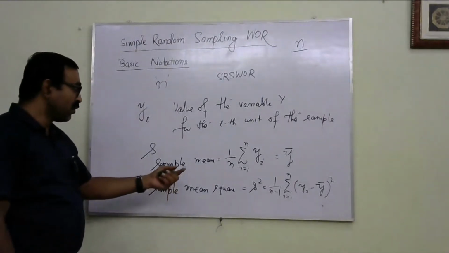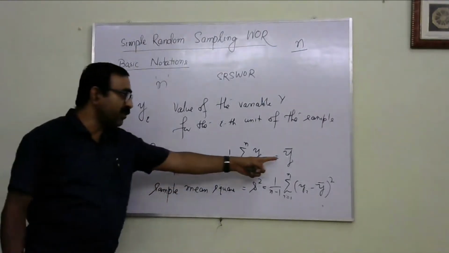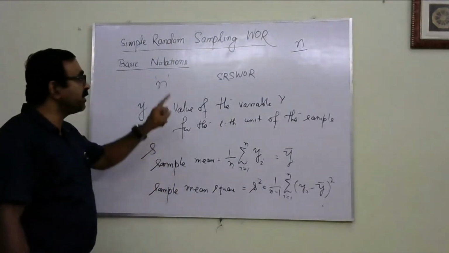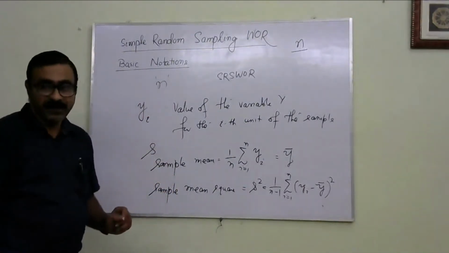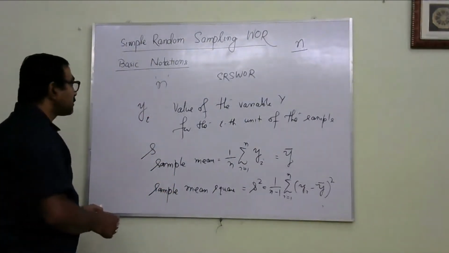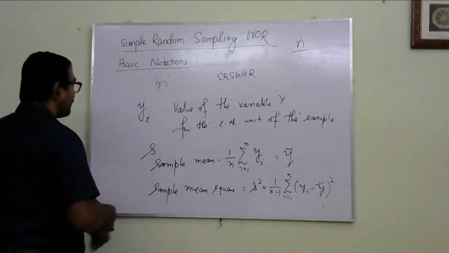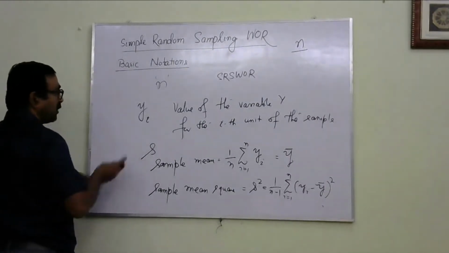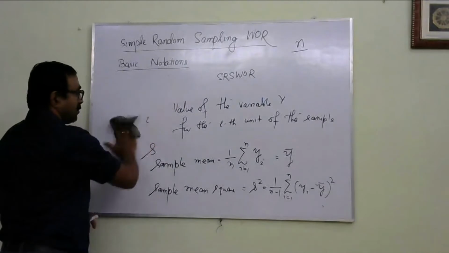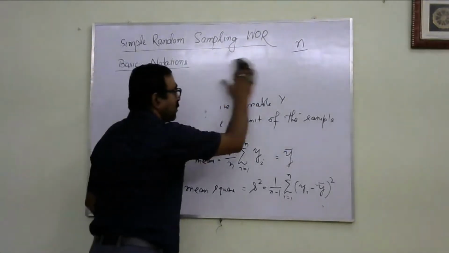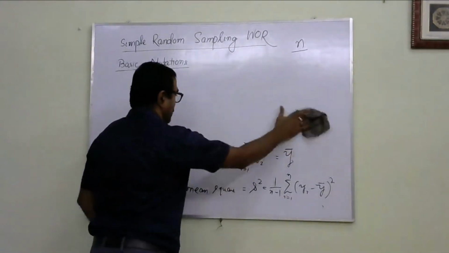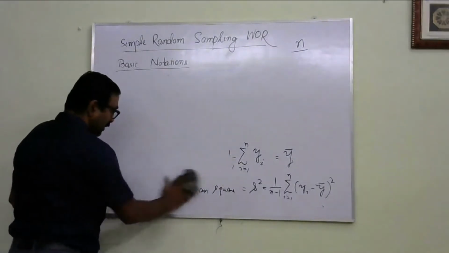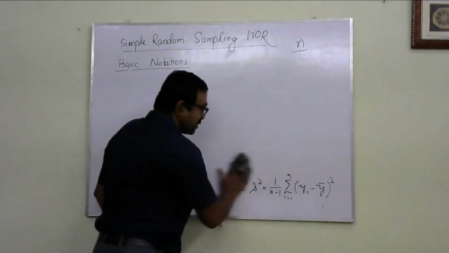Now we have to show that this sample mean is an unbiased estimate of the population mean. So it is in the form of a theorem.